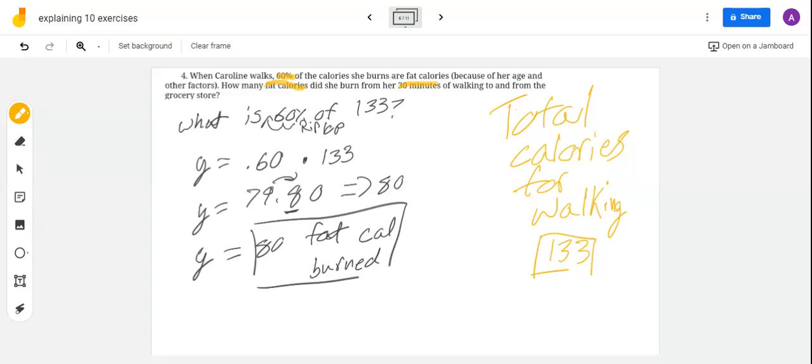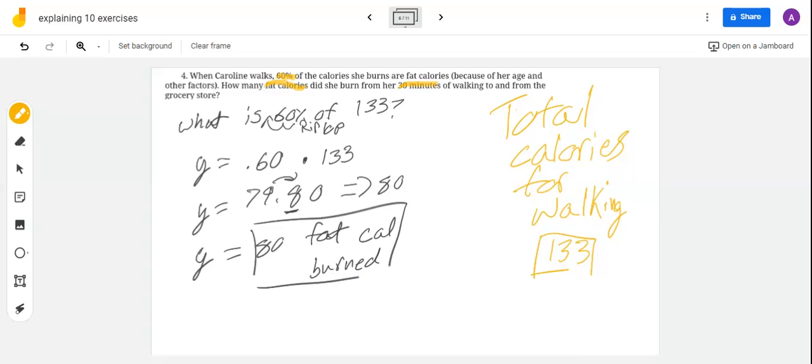So yeah, it's asking the percentage of the calories that are being burned, which in this case would be 60% of the calories burned is fat calories, and they're wanting to know how many fat calories are burned, right?